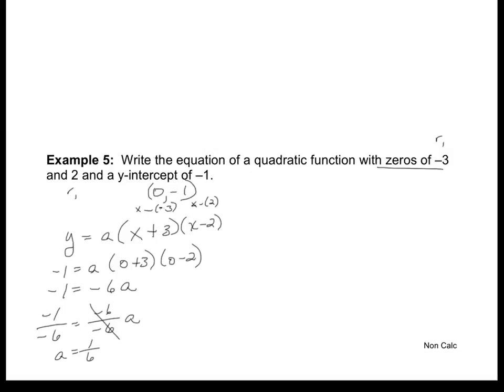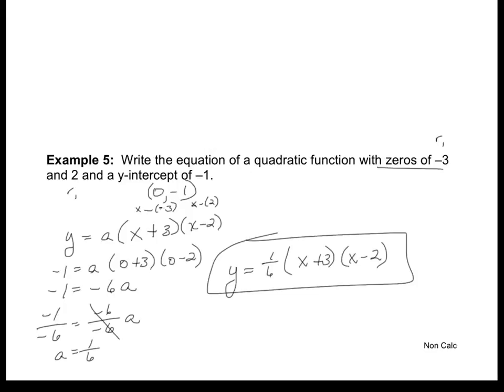So now we know a, and we know both our roots. Our equation is y equals 1/6 times x plus 3 times x minus 2. And that's how you work those type of problems from homework 5.3.